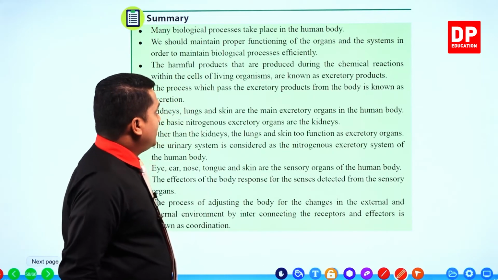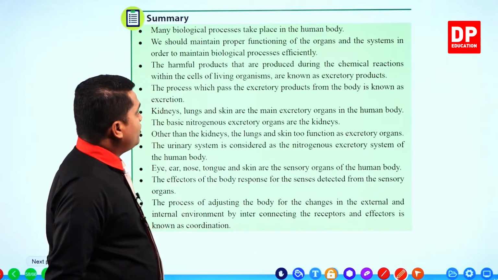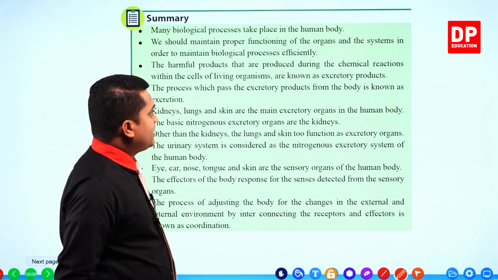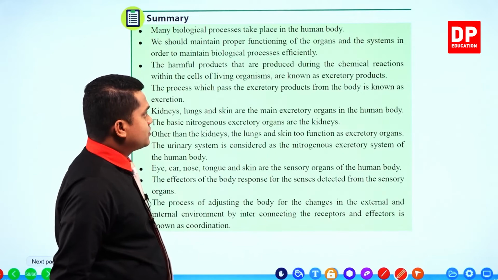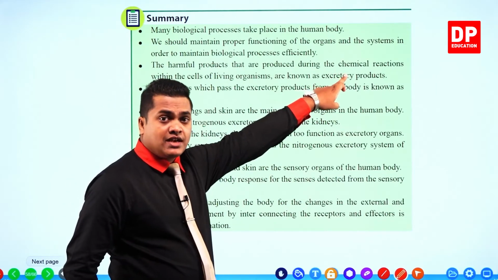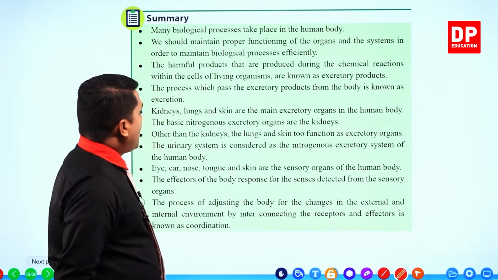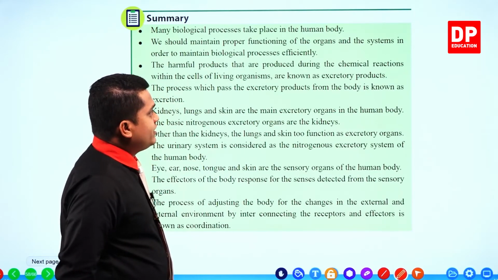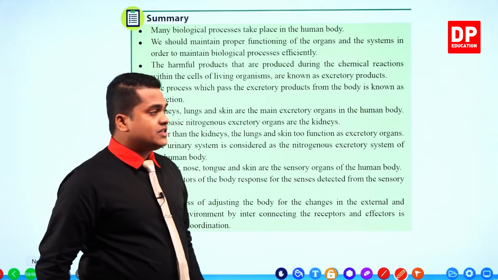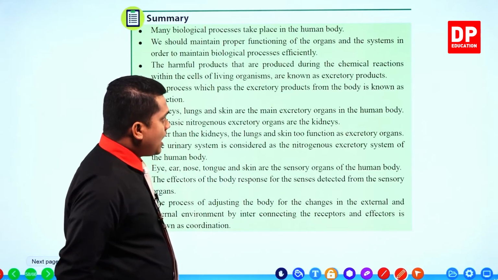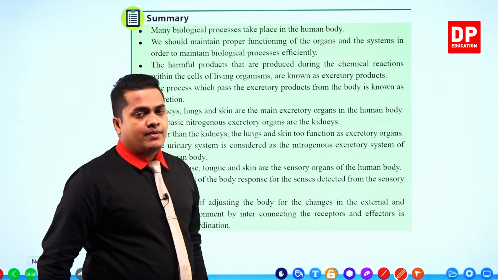Then the harmful products that are produced during the chemical reactions within the cells. These chemical reactions are the ones referred to as biological reactions. The harmful products that are produced during these reactions within the cells of living organisms are known as excretory products.